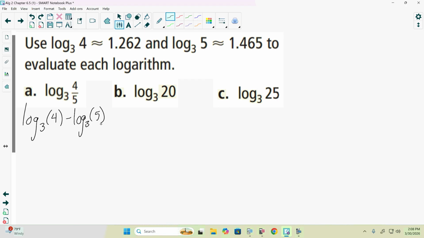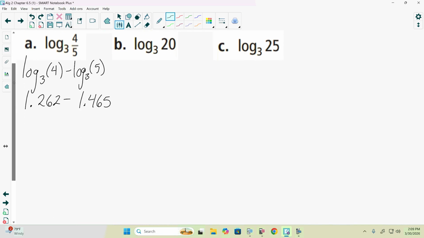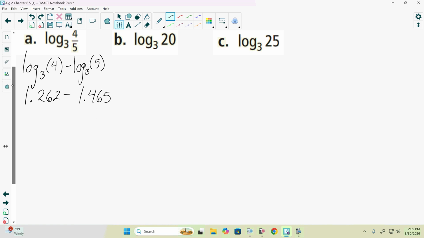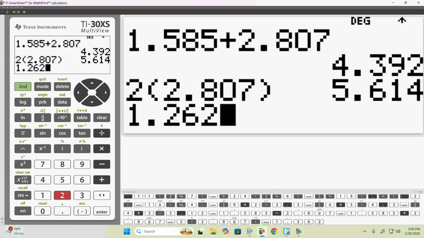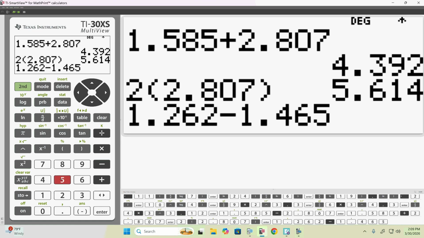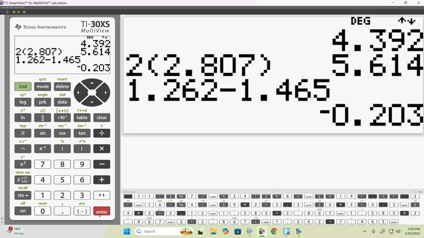And it tells us log base 3 of 4 is 1.262 minus 1.465. So it gives us a way to use what they told us the approximate values are to subtract them. 262, 465. Is negative 0.203.